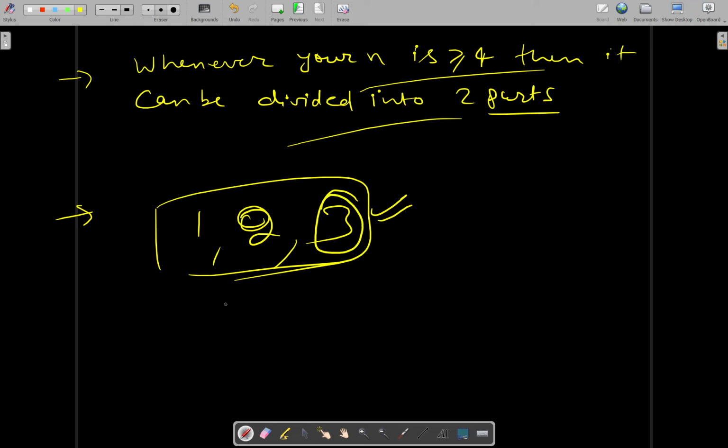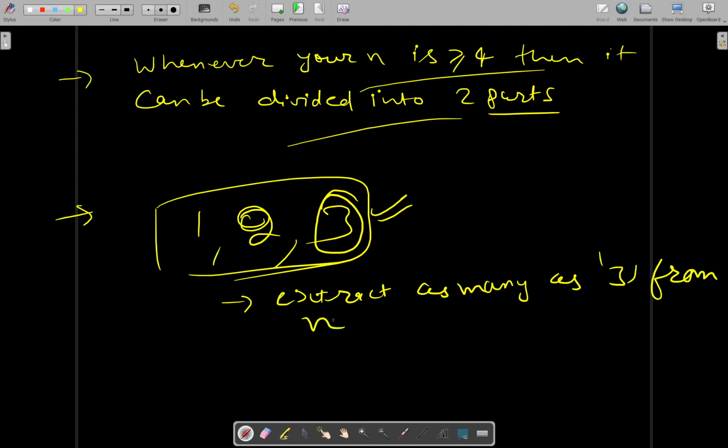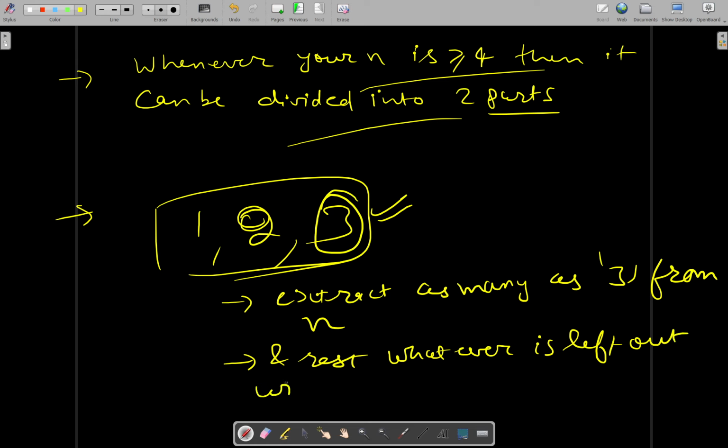So we will try to extract as many 3's from n, and the rest, which is whatever is left out, will be multiplied to the final product.